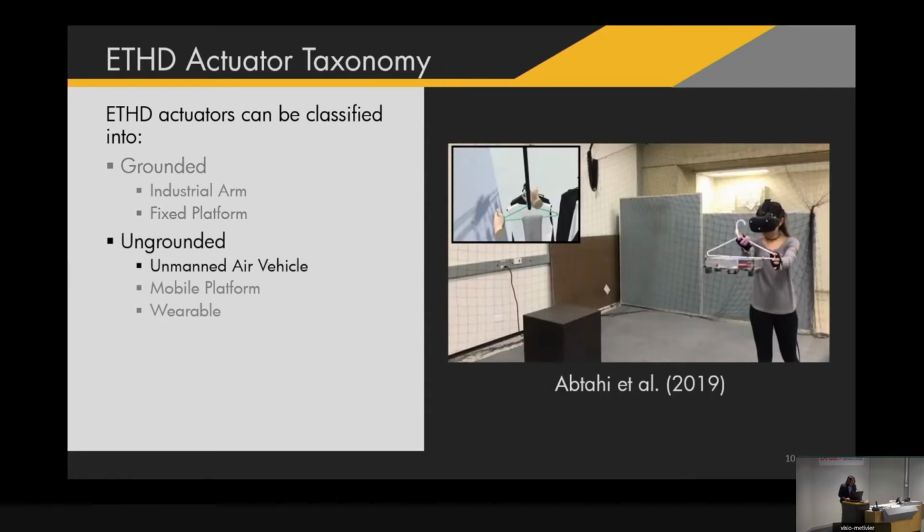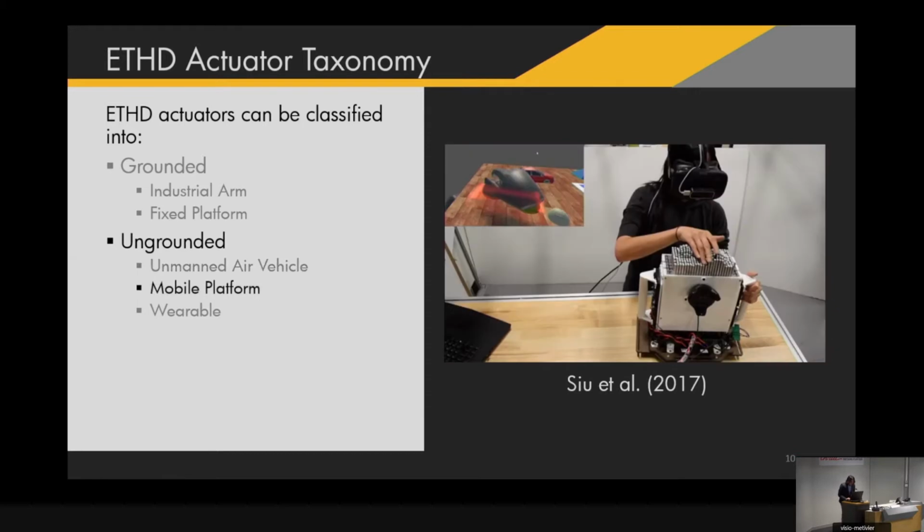We also have the ungrounded approach, which consists of ETHDs which are not attached to the ground, as we can see over here. For instance, we have unmanned air vehicles, such as drones. And for instance, here we have a drone that is caged and it holds a surface that can be manipulated in a virtual environment. We also have mobile platforms ETHDs, which are ETHDs that are capable of displacing within the workspace, and they can render different types of haptic feedback.